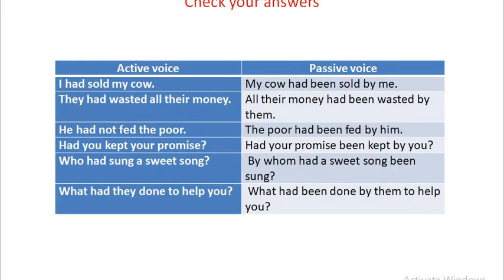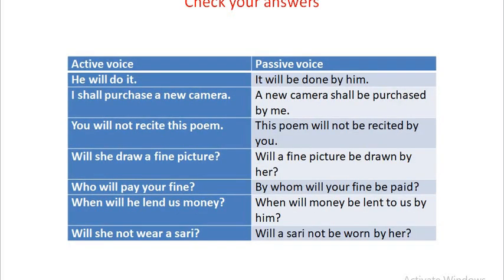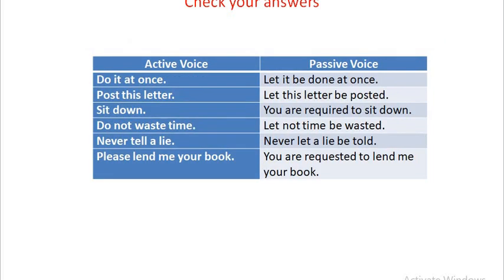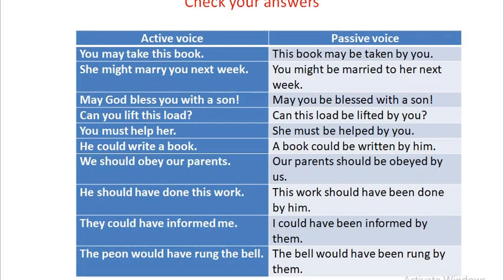This is past perfect. This is simple future. This is future perfect. And these are some interrogative sentences. And these are the hints or the answers. So you can check your answers also.